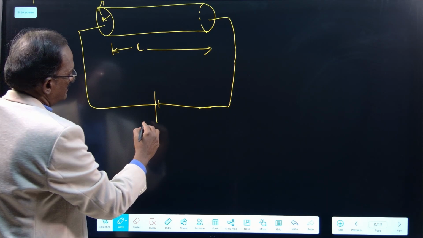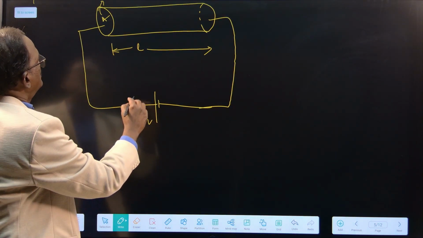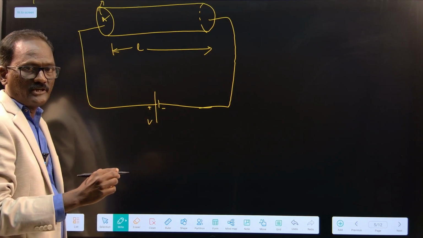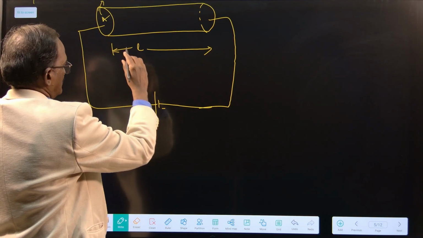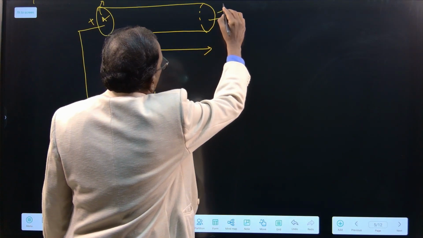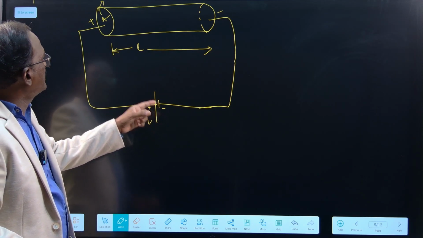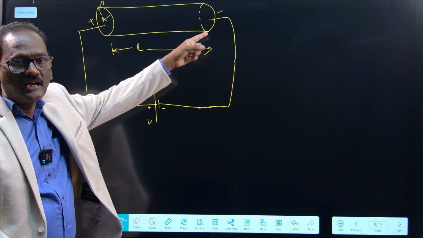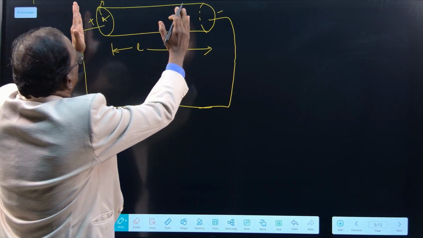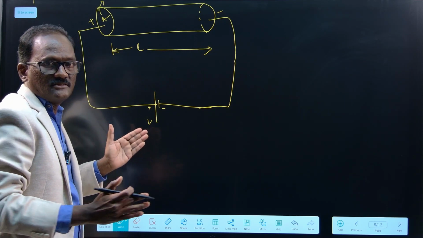Assume this is having some voltage V, right? This is positive polarity and this is negative polarity, these two terminals. Plus, minus have been brought at the two ends of the conductor. Now some voltage is available across the two ends, right?